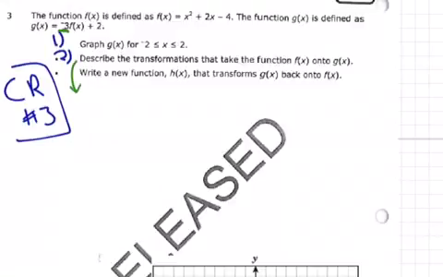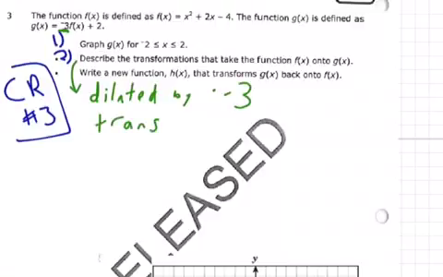I'm going to say that I dilated it by multiplying by negative 3, and then I translated it. The reason I know this is a translation, I'm adding to the function, so that's going to shift it. In this case it's positive, so positive on the y value is up, so I translated it up 2 units.